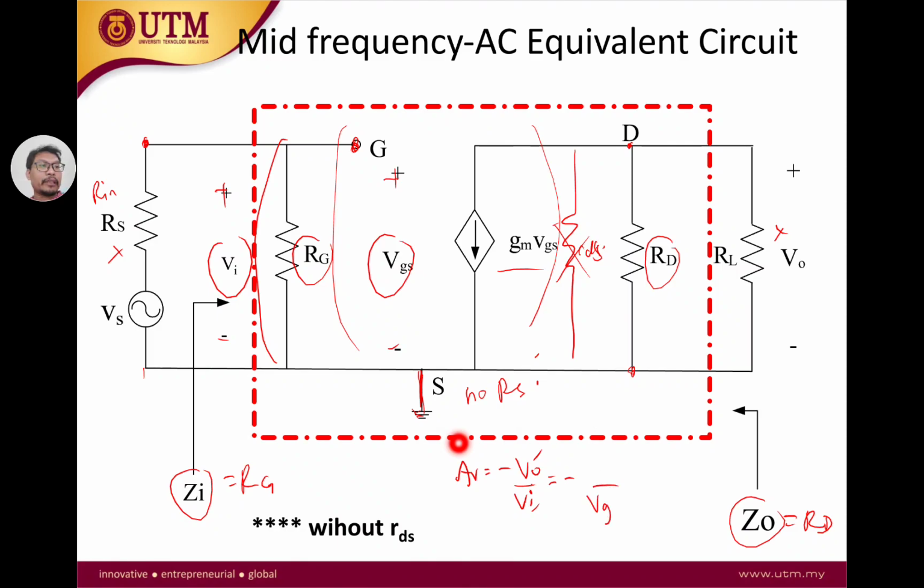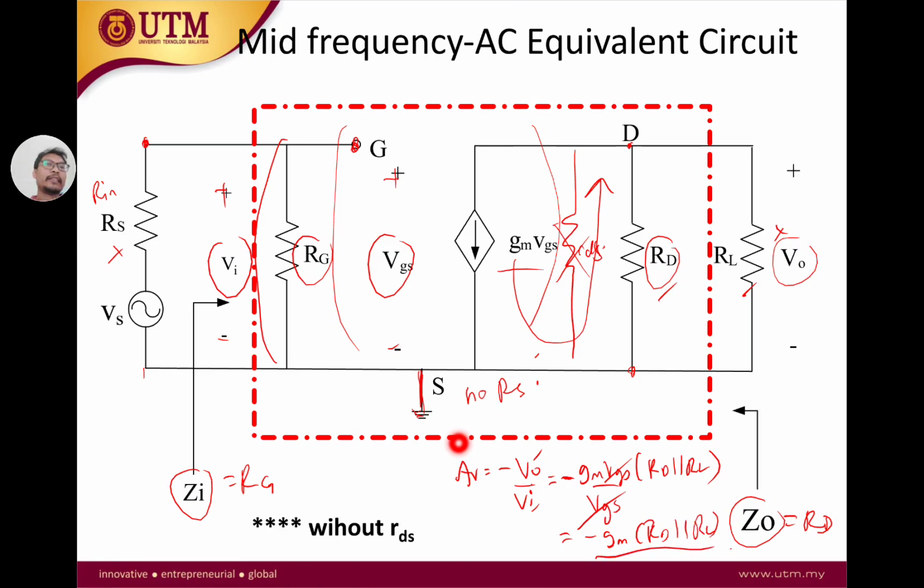V out is going to be the voltage across RD and RL in parallel, so we have negative gm VGS, which is our current, times RD parallel with RL. Here we can cancel VGS out, so then our AV is minus gm RD parallel with RL.